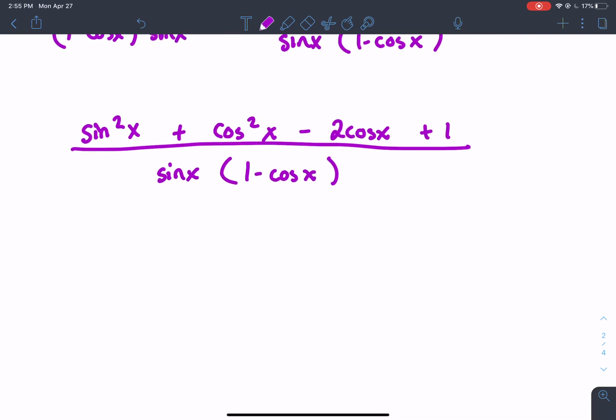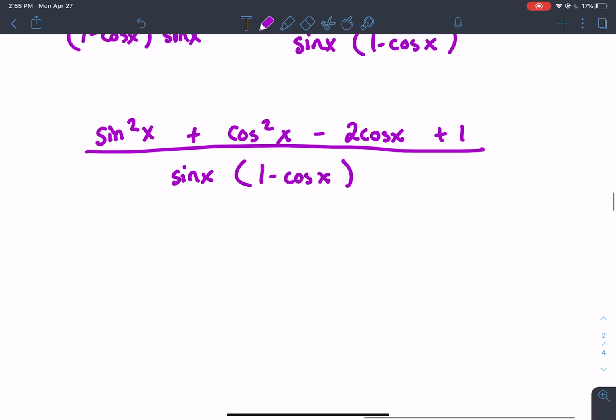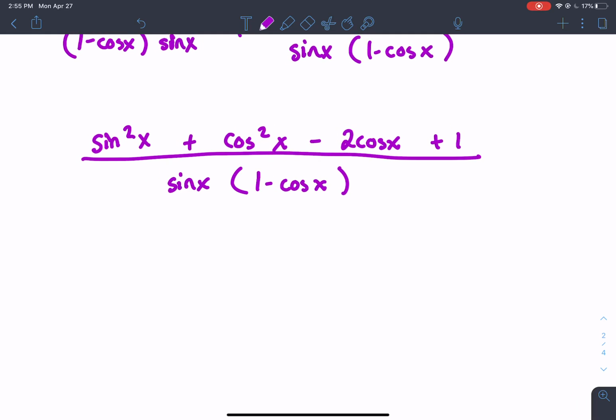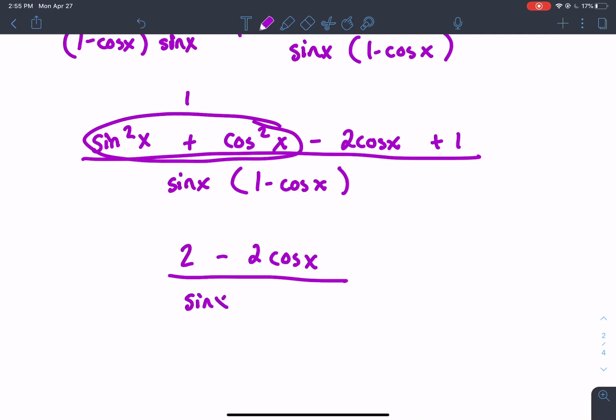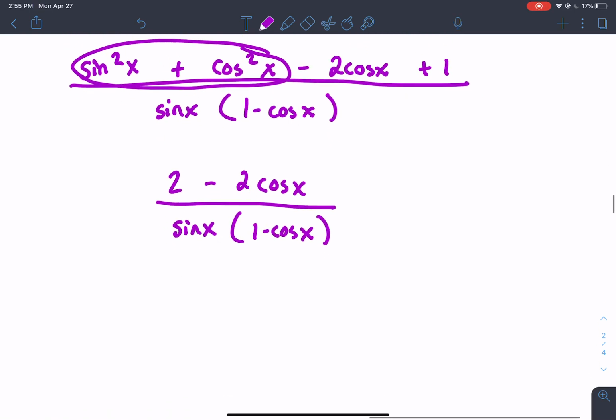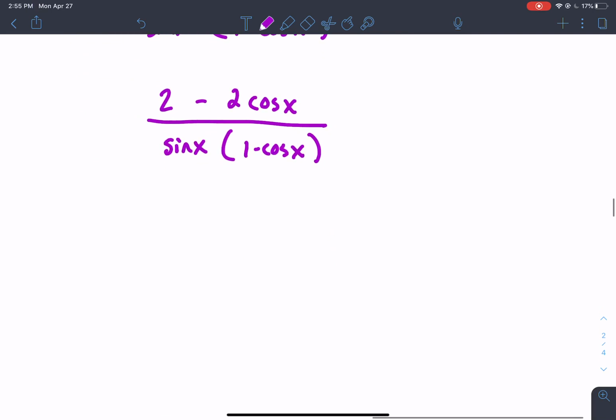Okay, well, I know sine squared plus cosine squared is going to give me 1. So this here is just going to be 1. Now, if I put that with the other one, now I got 2. So 2 minus 2 cosine over sine times 1 minus cosine. Now if you look in the numerator, you can take out a 2.